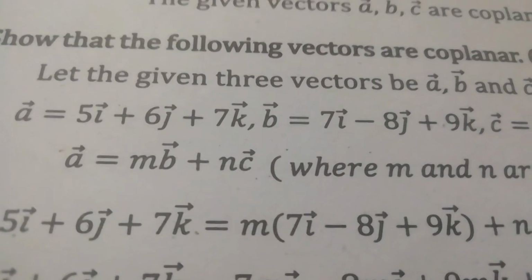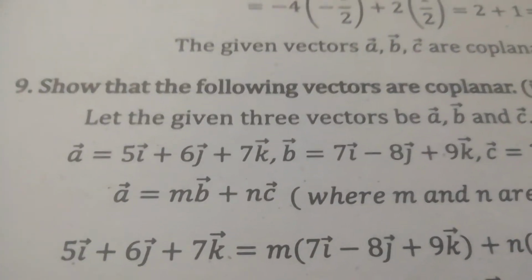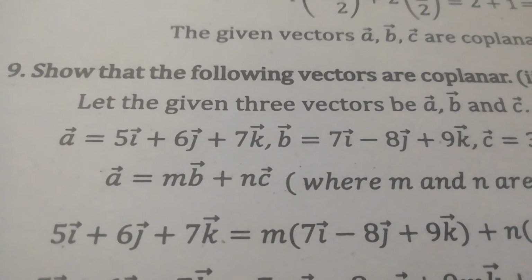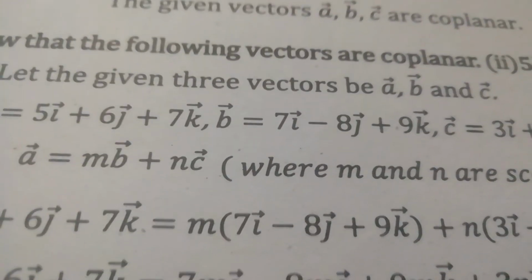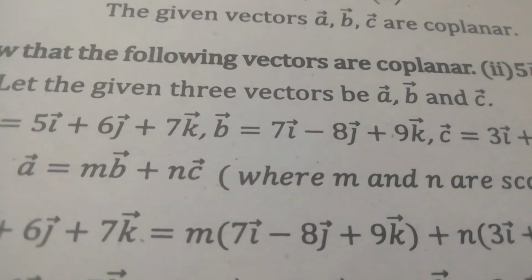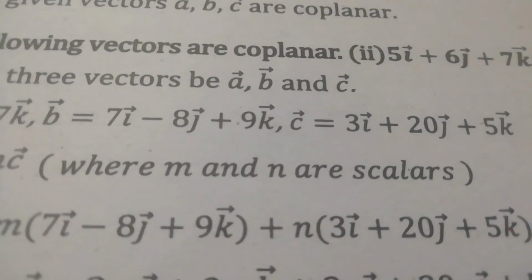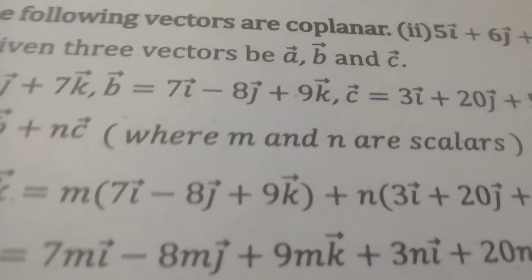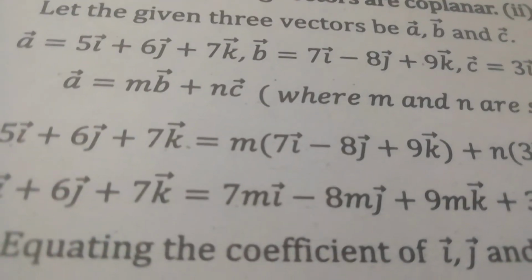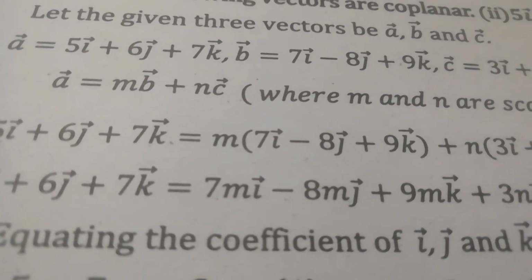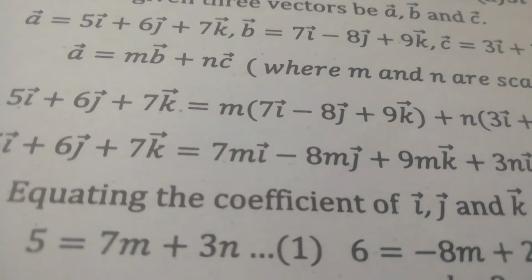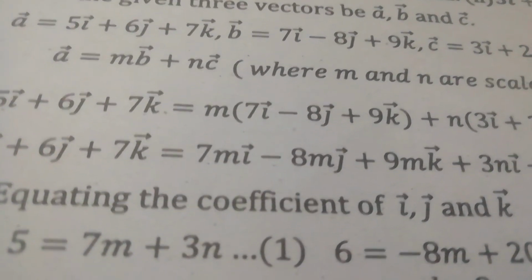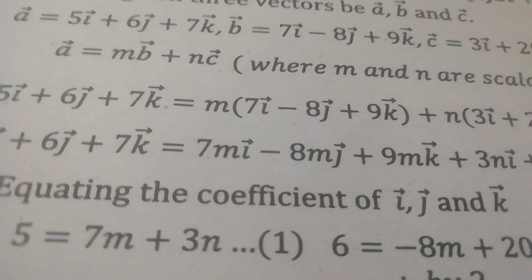If you are equating corresponding coefficients, what is the coefficient of i? It's 5 in A. Here 7, m is there, so 7m. Here 3, n is there, so 3n. So equating this, 5 equal to 7m plus 3n. That is the coefficient of i.